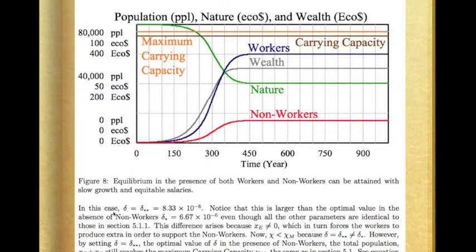In this case, delta is equal to that optimum value that we found. So this is the sustainable scenario in which the sustainable populations are arrived at in a smooth way. That's the soft landing characterization.